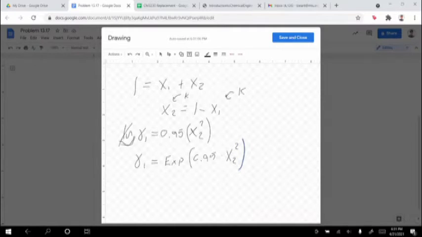If we were to go through this for the other equation, it would just be the natural log of the activity coefficient 2 is equal to 0.95 times x1 squared. So this is going to be a 1 here and a 2 here. That's the only thing that changes between the two expressions.